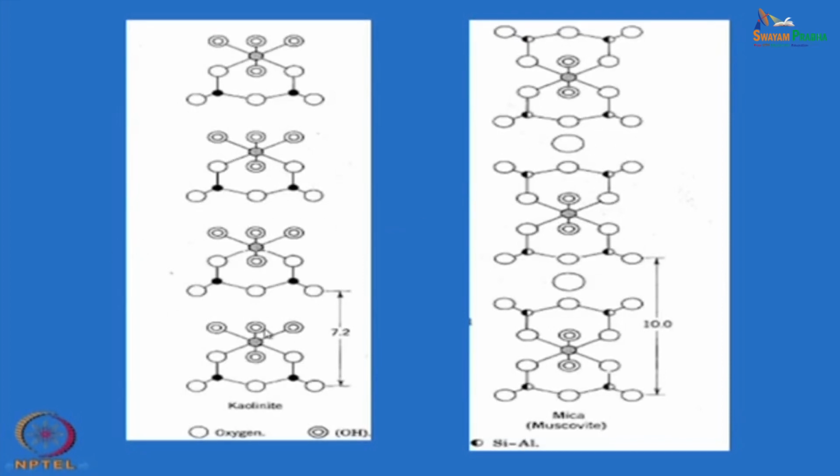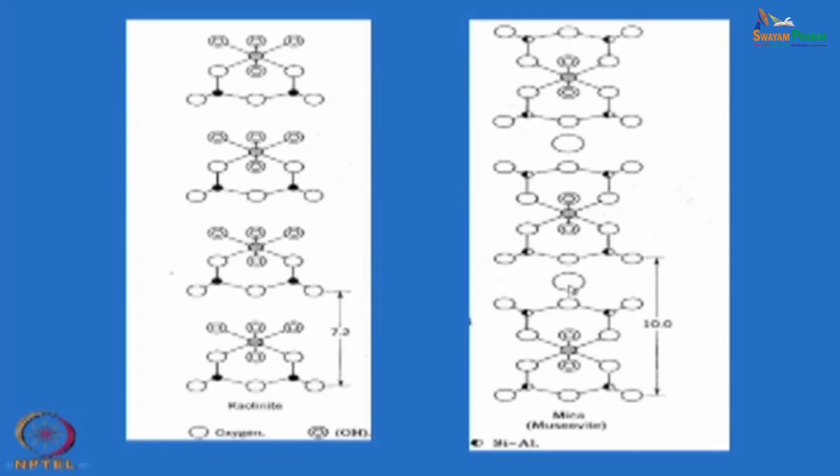Here they are joined together by only hydroxyl ions, van der Waals bond, and so they are very weak bonds. Here of course, it is not exactly a van der Waals bond, but in between you have some positive ions. These are alkali ions and they are replaceable ions between the layers.